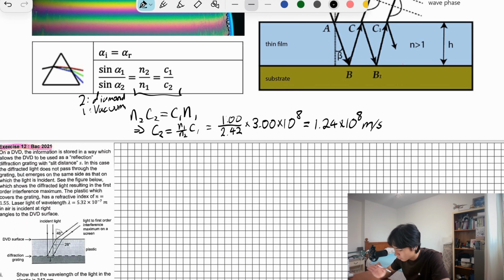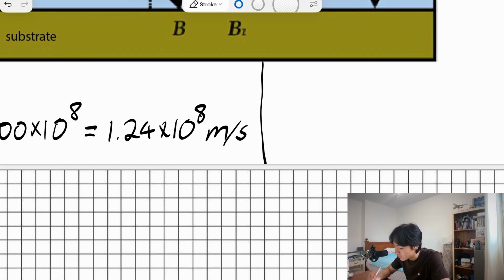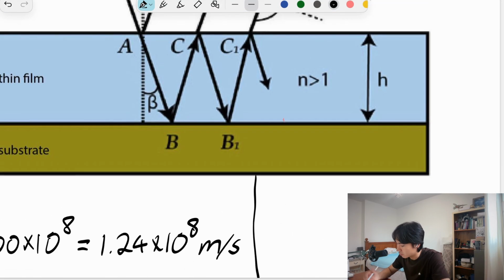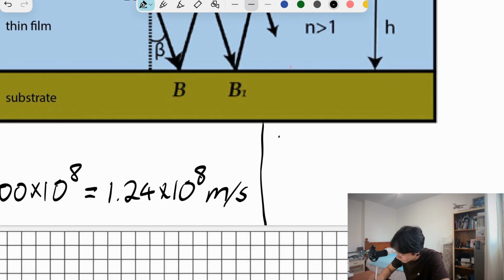So one other important notion that we're gonna need is that for light, when it changes medium, for example, when it goes from vacuum to maybe some water or oil, we know that the speed of light changes. That's what we proved, right? And we know the formula c is equal to frequency times lambda.